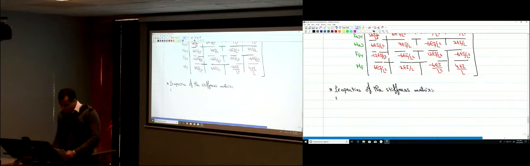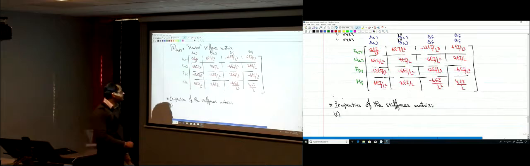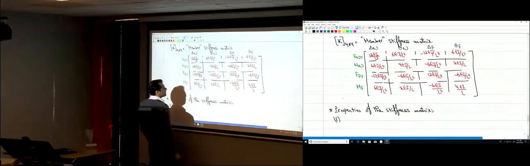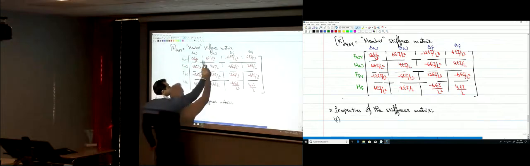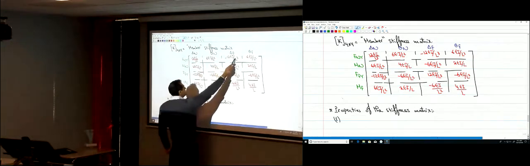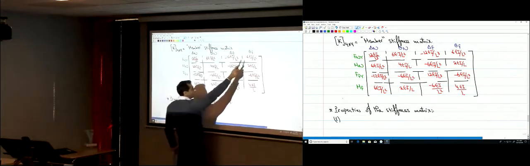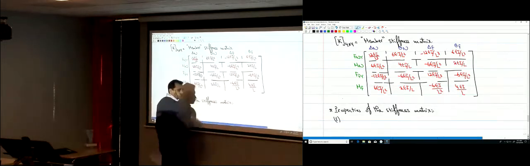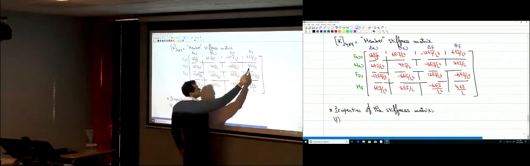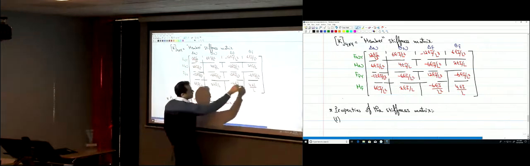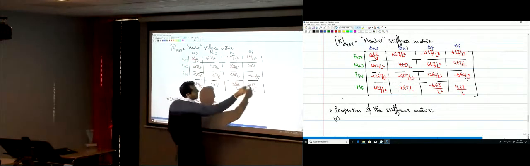As you see here, one of the properties of the stiffness matrix is that it is symmetric. What does this mean? That this element is the same as this one. This one is the same as this one. For example, this one is the same as this one. So it is symmetric with respect to the diagonal.